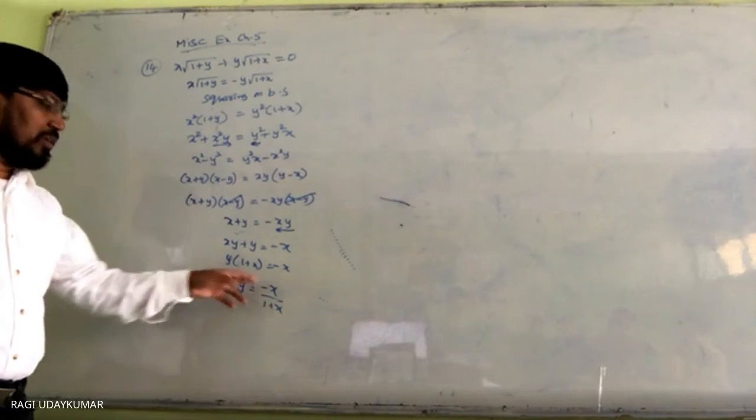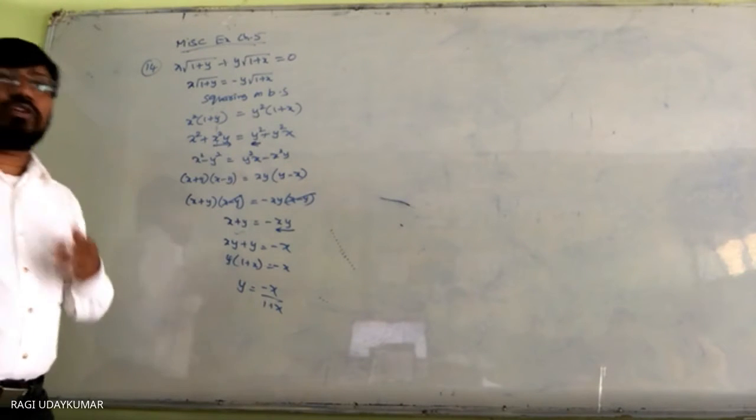How do you find this dy by dx? The u by v method, the quotient rule, you have to use.